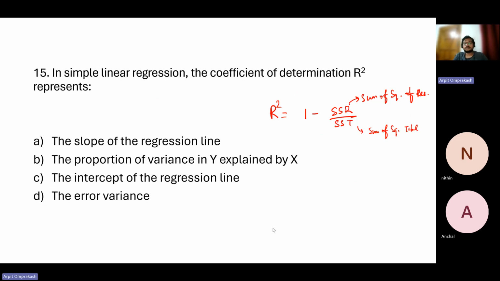Right. So in this case, what do you think is the answer? What does R square represent? Is it the slope? Is it the proportion of variance? Is it the intercept, or is it the error variance?